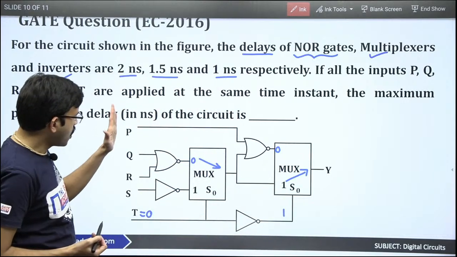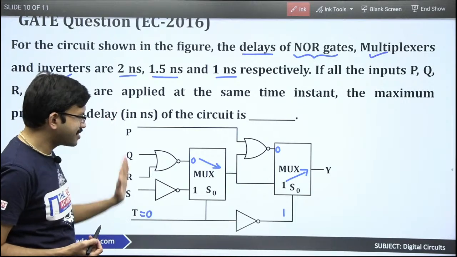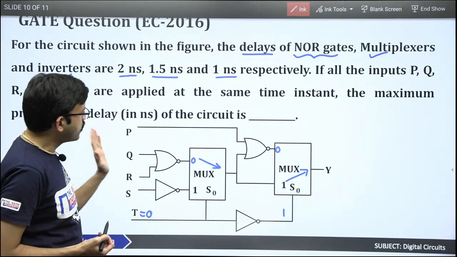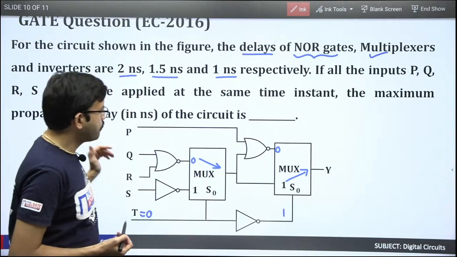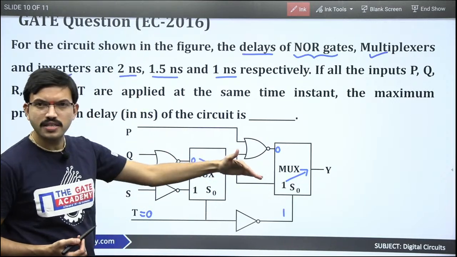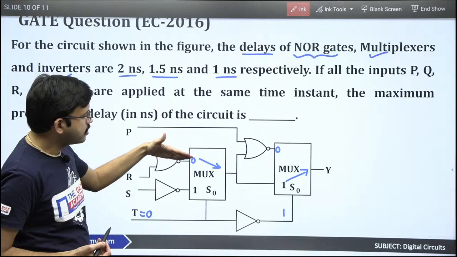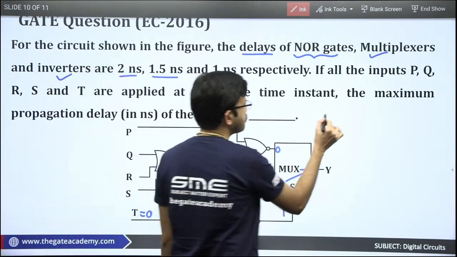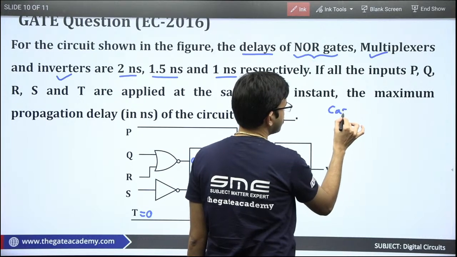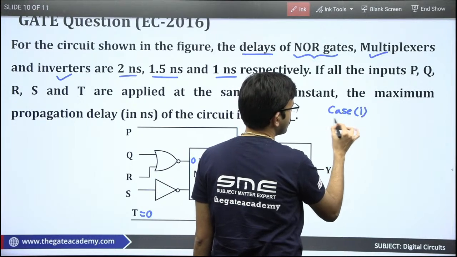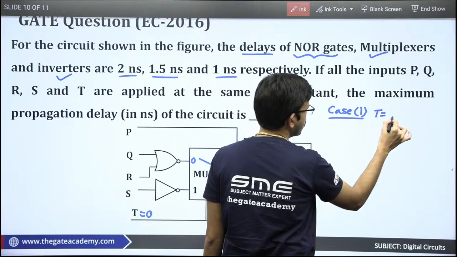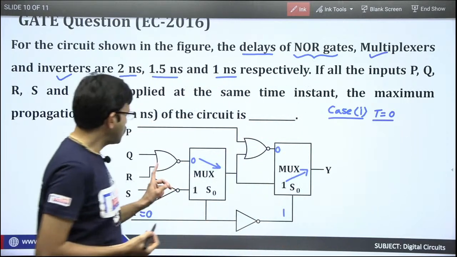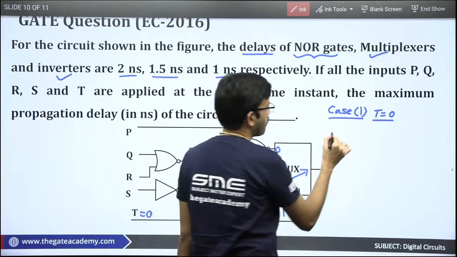So when all these inputs are applied at the same time instant, from input to output the propagation path of the signal is like this: NOR gate, then mux. So in case 1, t equal to 0 I have considered. Here NOR gate delay, mux delay, mux delay.